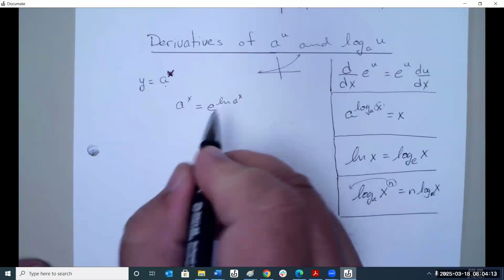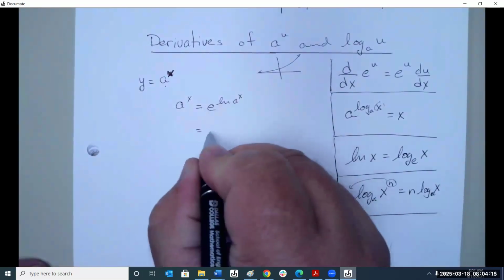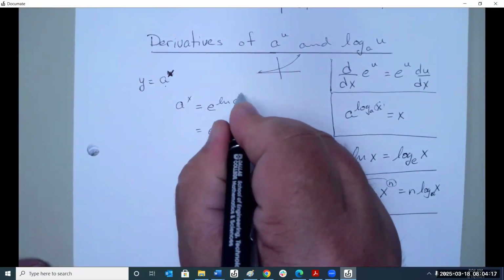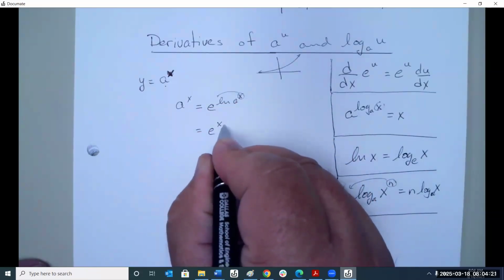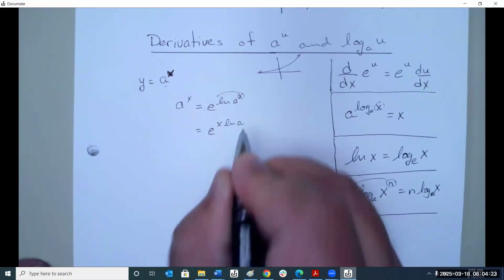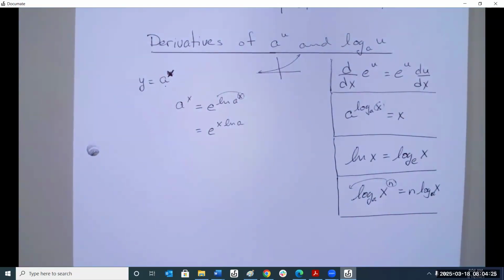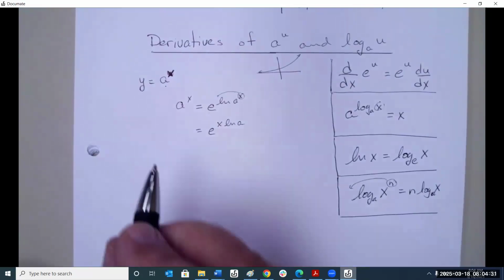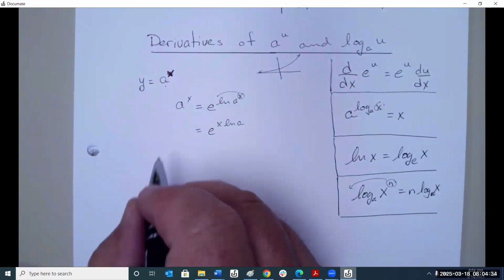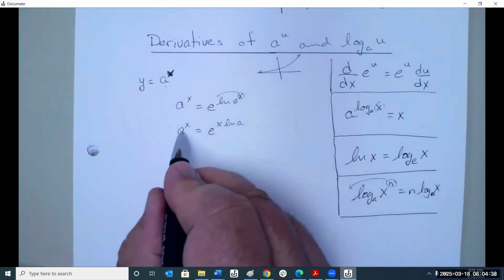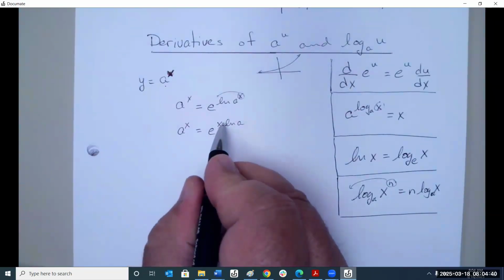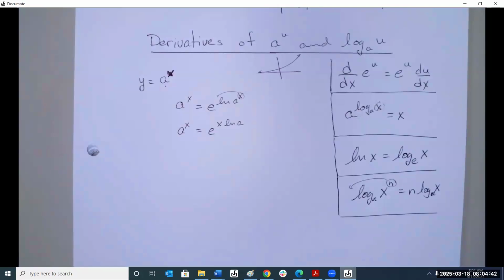And that's what we have here. In this equation, this exponent goes out in front of that. So we have x ln a. So all of this, we can rewrite a to the power x as e to the power x ln a.